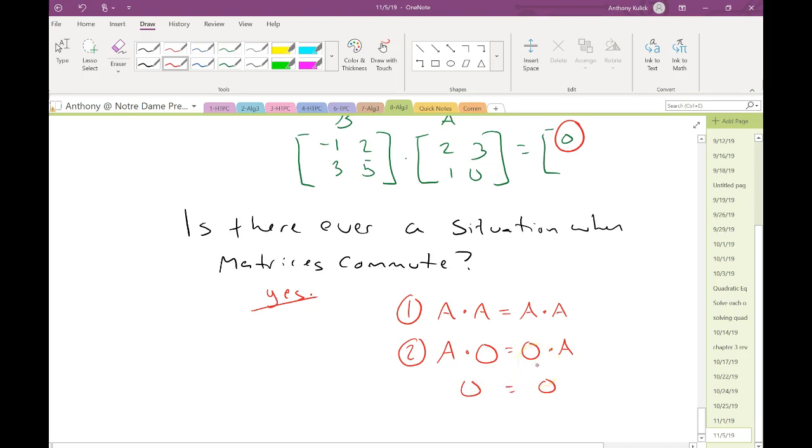So remember that the capital letter O there we've used to represent the zero matrix. That's a matrix with all zeros in it.